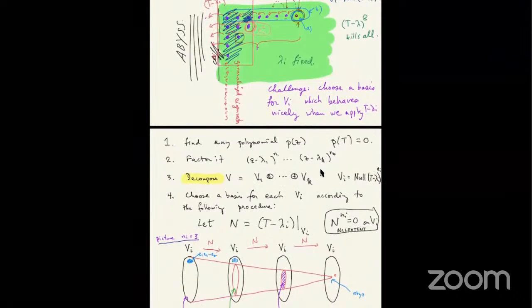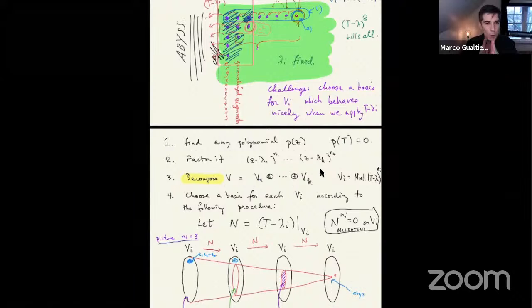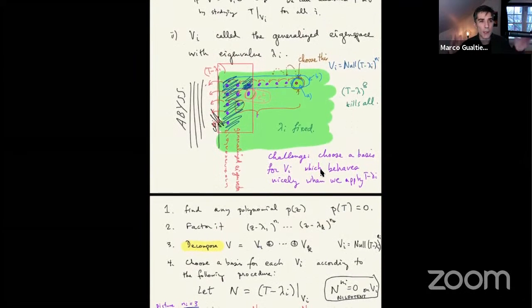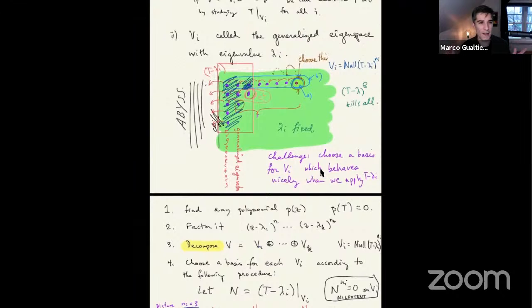And each one of them has under its control a whole part of the vector space, which is called a generalized eigenspace. Inside there are all these vectors, which the nilpotent matrix T minus lambda will eventually kill.